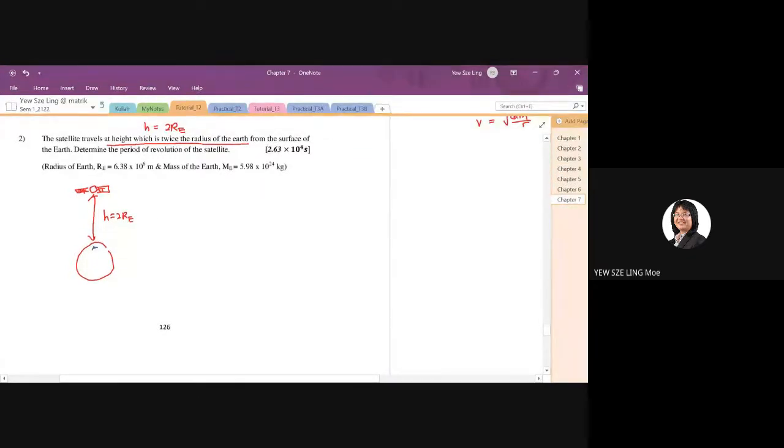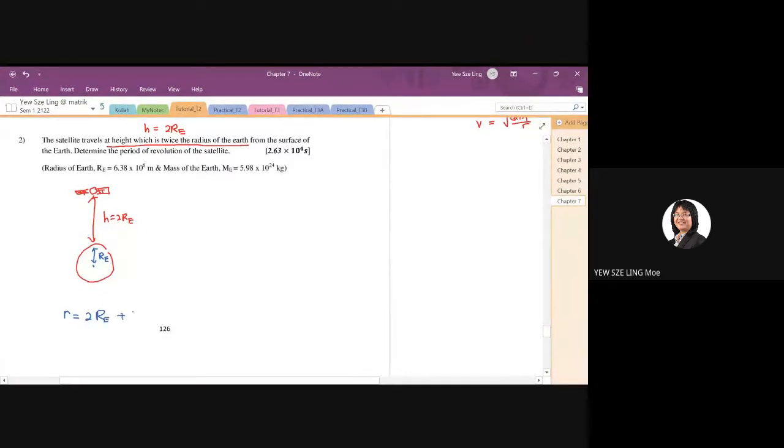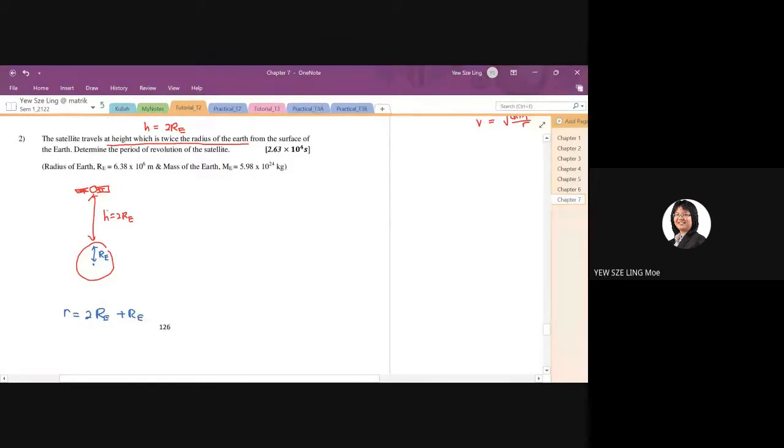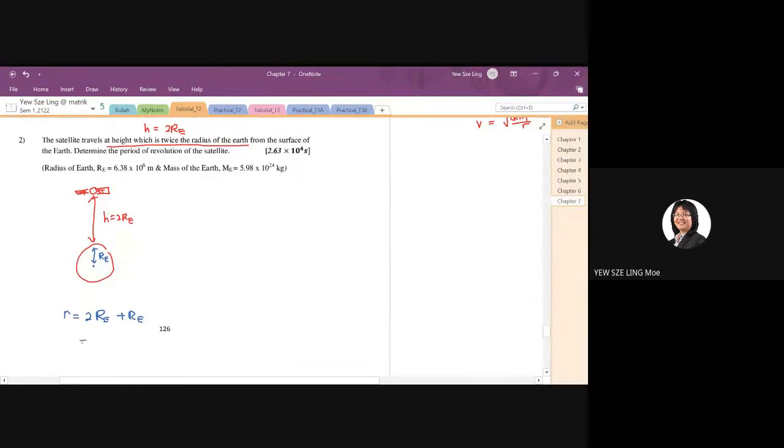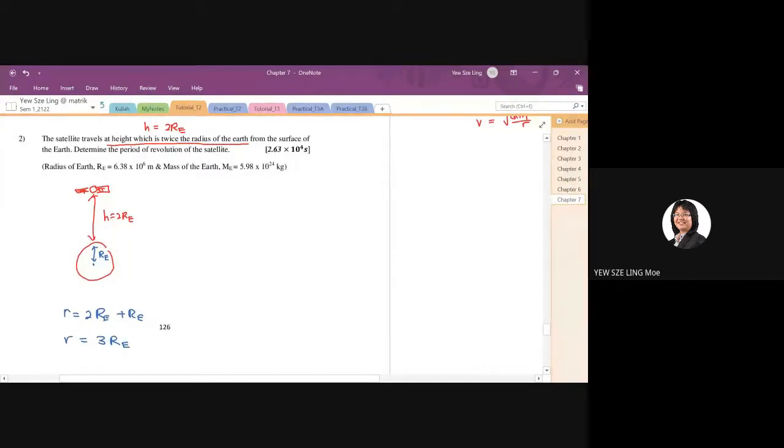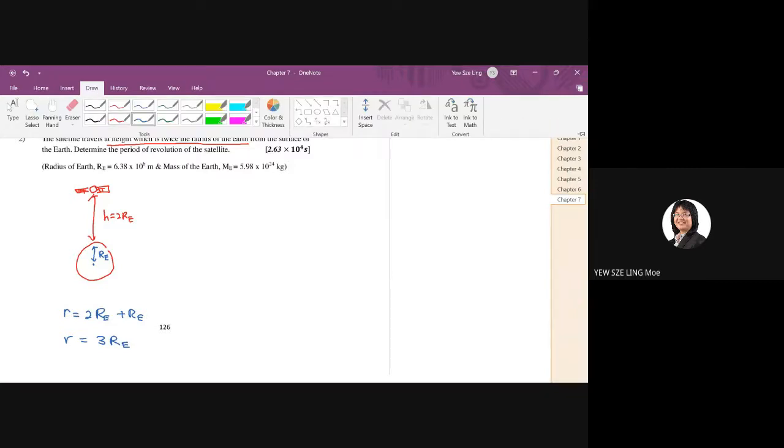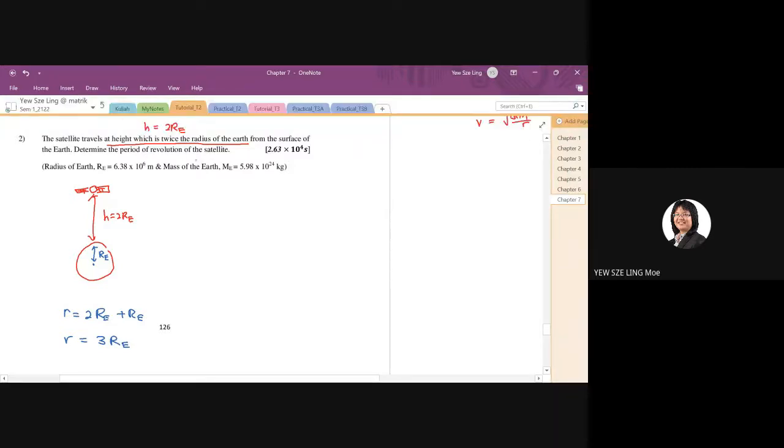It means when you do the calculations, you need to take into consideration 3RE, because your r is equal to 2RE plus RE, which is h plus RE. So r is equal to 3RE. That is the r that you need to use in the calculations. It wants you to determine the period of the revolution of the satellite.